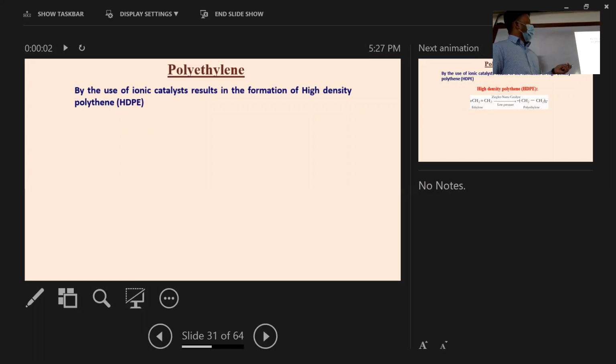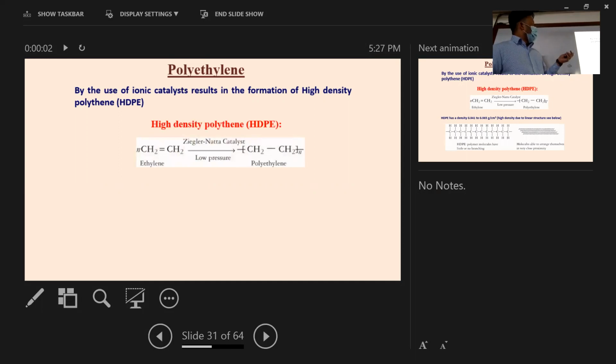Previously we have mentioned, if we use the free radical initiator for the reaction, then we will get the LDPE, low density polymer, with the structure linear. That means the structure is flexible, but the use of ionic catalyst results in the formation of high density polyethylene.